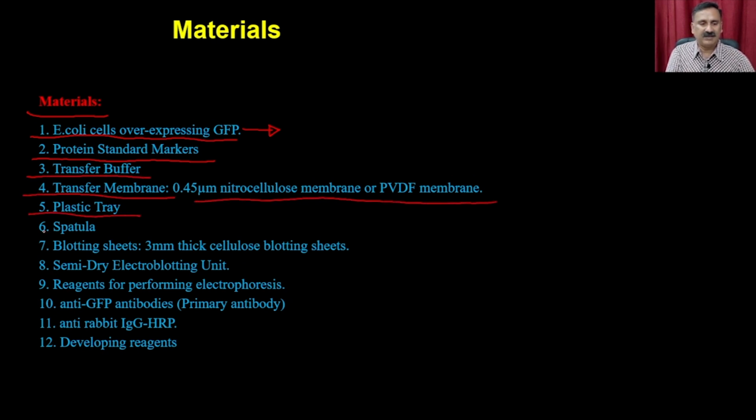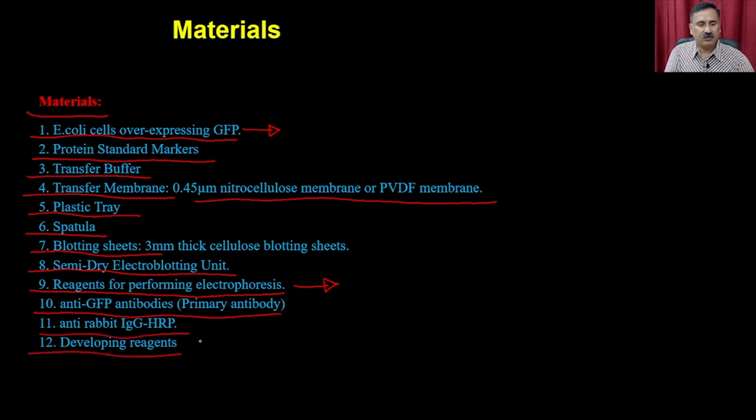You require a plastic tray, spatula, blotting sheets, and electroblotting units. You require reagents for performing the SDS page, which we have discussed in the previous lecture, right? You require the primary antibody, which is the anti-GFP antibody, and the secondary antibody, and you also require the developing reagents.